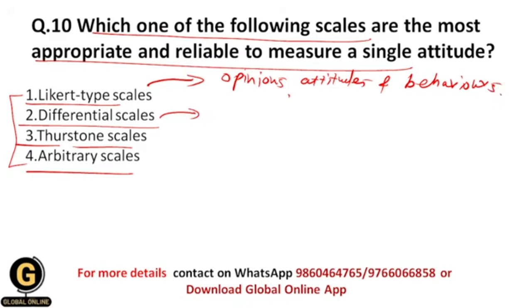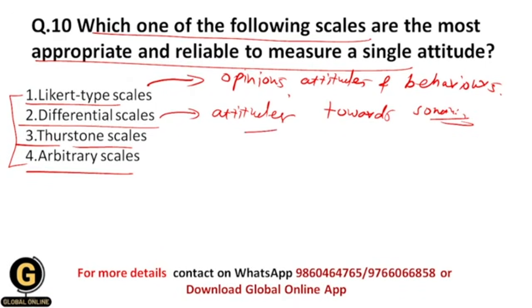Now what is differential scale? Differential scale measures attitudes towards something. For example, if you want to understand the attitude of a people toward the work, then for that thing you use differential scales.